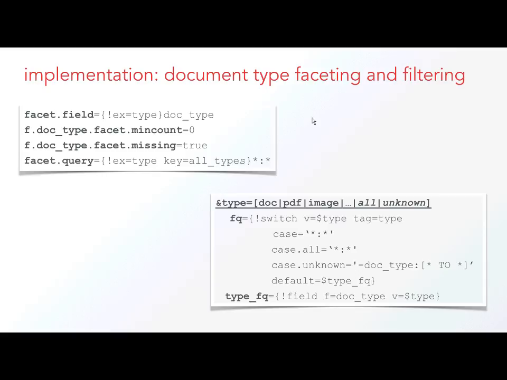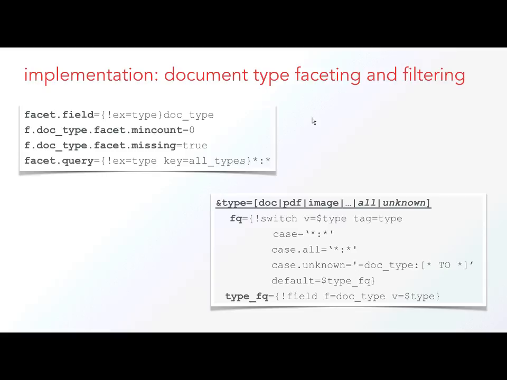Now, that FQ, that's an interesting one. There's a lot going on there. That's a switch query parser, so the curly bracket exclamation point switch says use the switch query parser. The switch query parser keys off of the value of $type. That is a param substitution indirection. So remember our URLs say type equals doc or PDF or image.